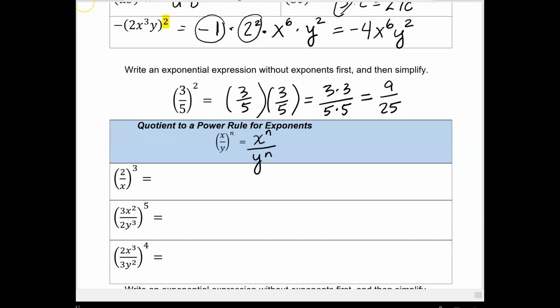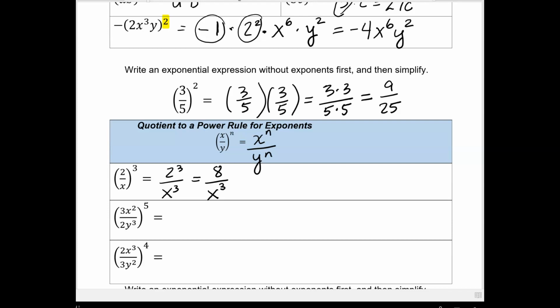All right. So here we have 2 to the third power over x to the third power. So 2 times 2 times 2 is 8. And of course, we just simply rewrite x to the third power down.